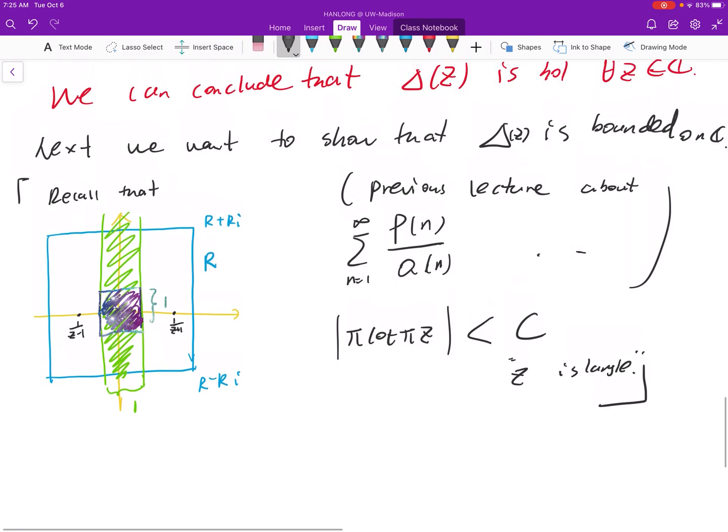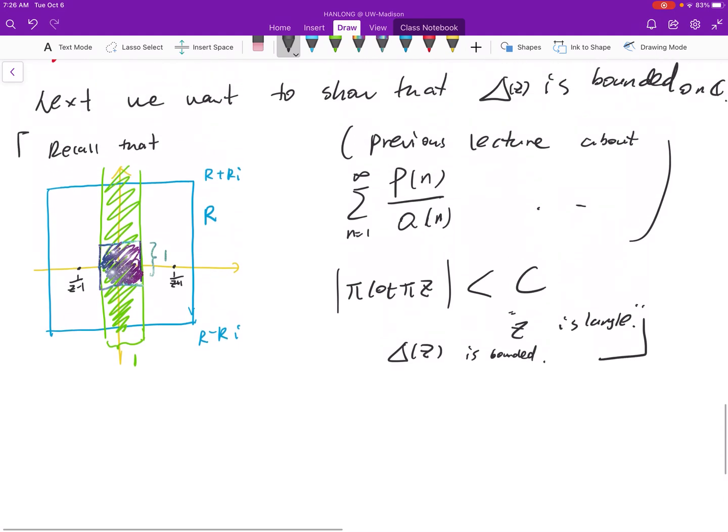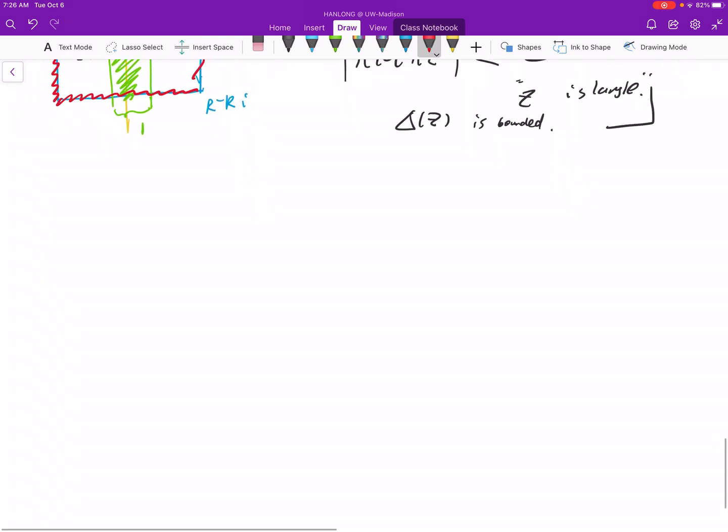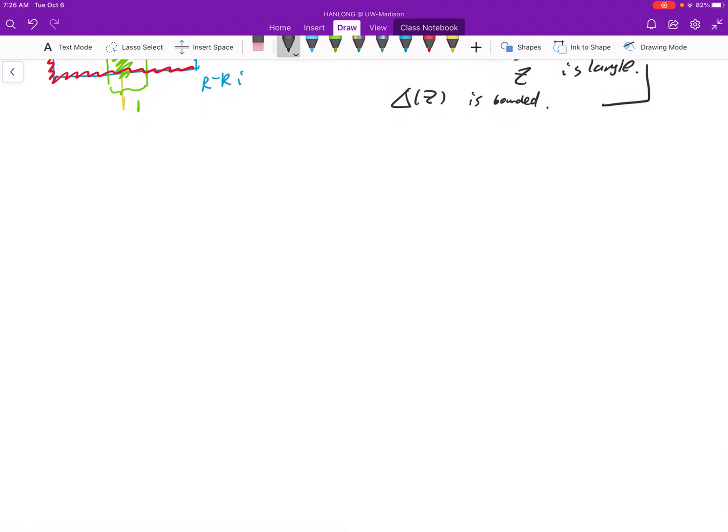So actually what we want to prove is that delta z is bounded, but this part just bounds those sides, avoiding the poles. I will not give a too rigorous proof here, but just give you some idea.